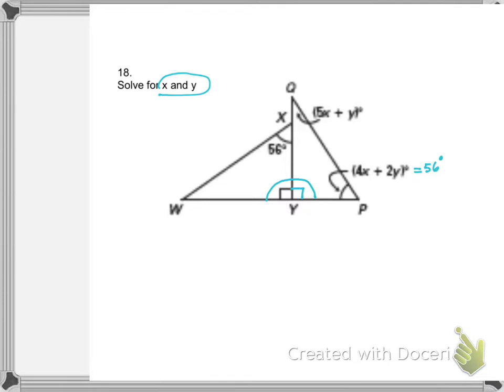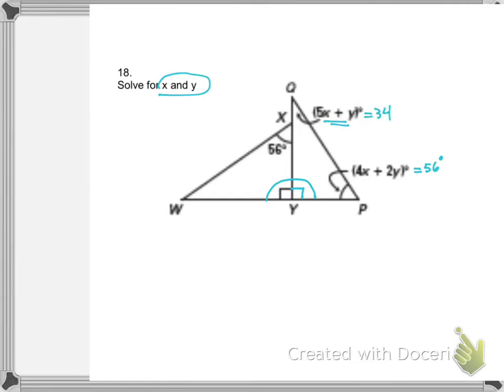So I have a 90. So based on that, I know that this top angle right here has to sum with the 56 to be another 90. So take 90 minus 56, and you're going to get 34 degrees here.